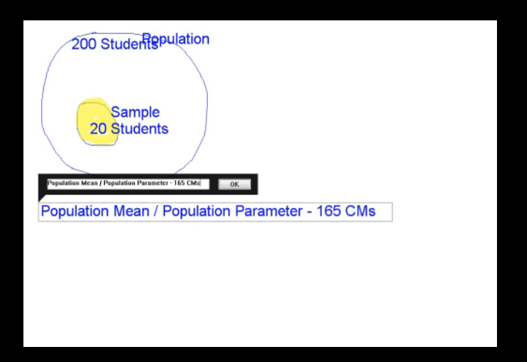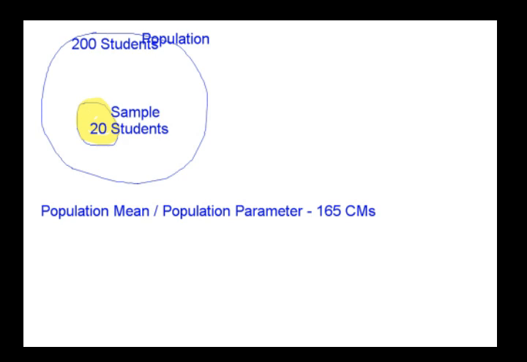This average is called the population mean, which is also called the population parameter. And let's imagine it turns out to be around 165 centimeters. And now I measure the height of these 20 students whom we have selected as the sample and arrive at the average of these 20 students.